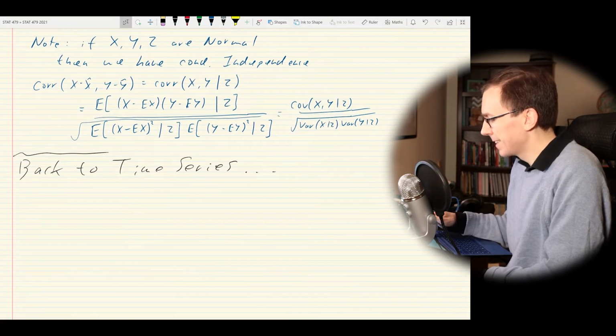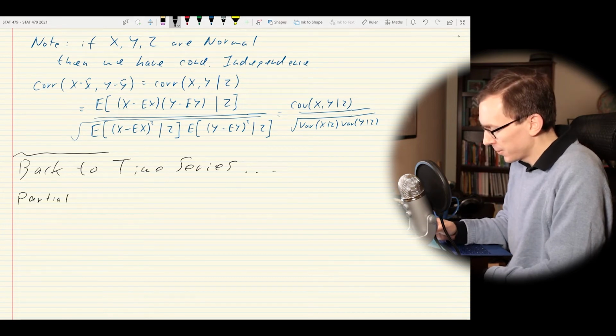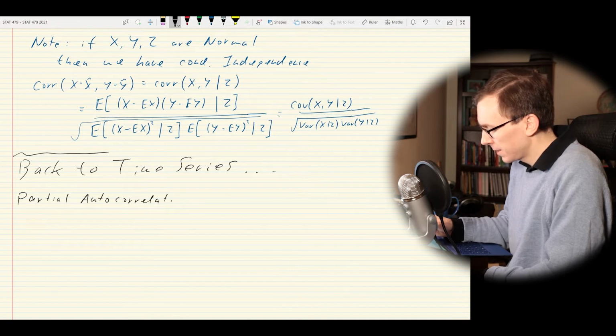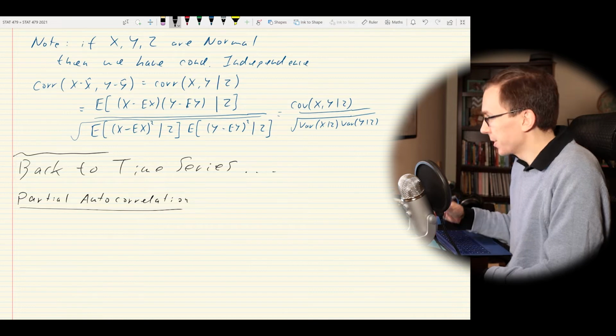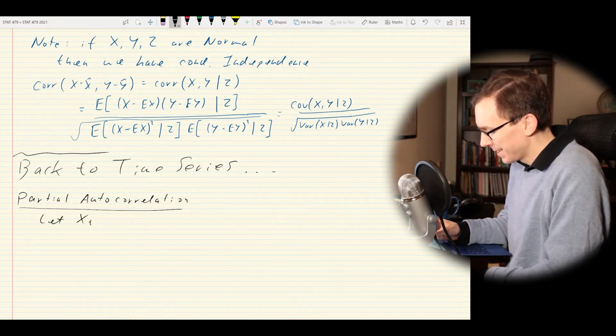And what we get is the idea of the partial autocorrelation. And the partial autocorrelation, well, first of all, we have to say let xt be stationary.